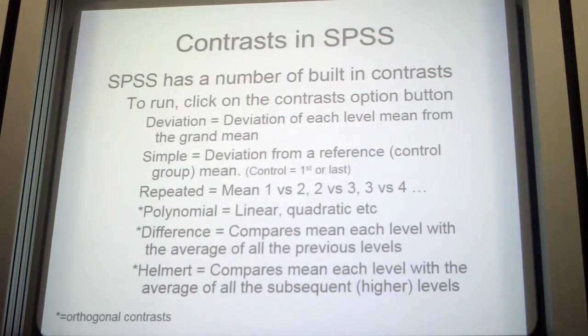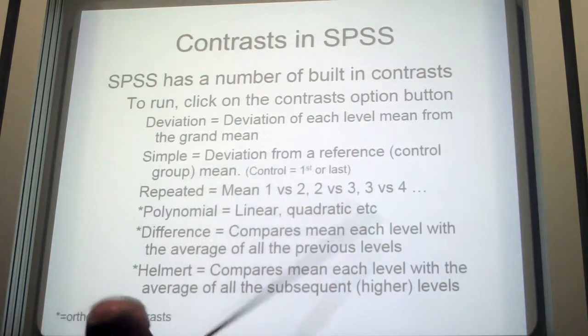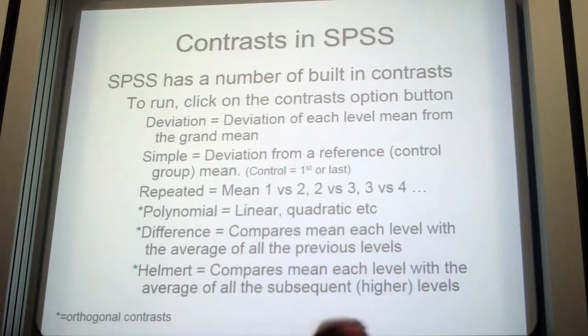The simple one, on the drop-down menu, is a deviation from a control group mean. For that to work, you have to put the control group either first or last, so the order in which you enter things into your ANOVA in SPSS matters.